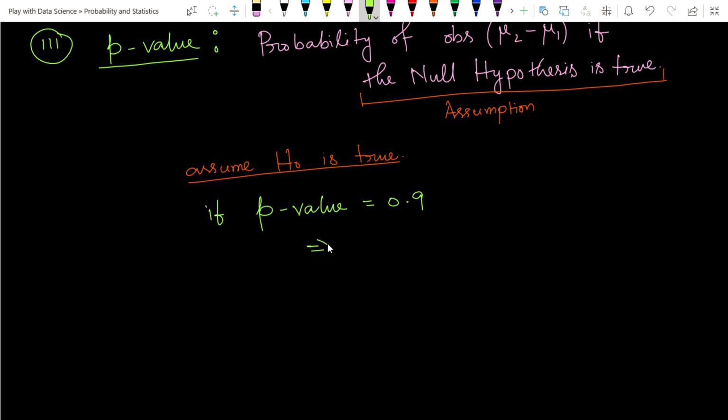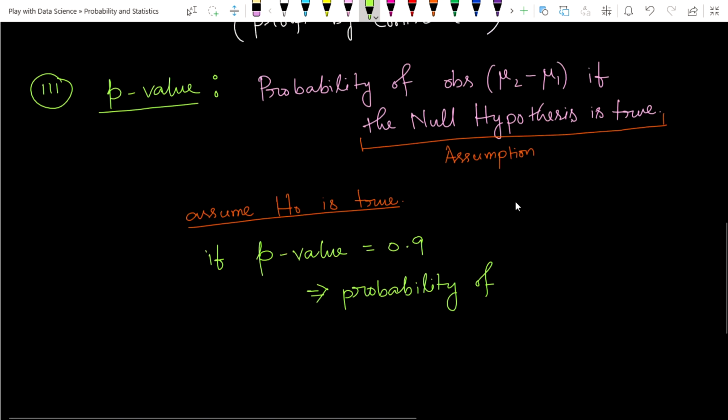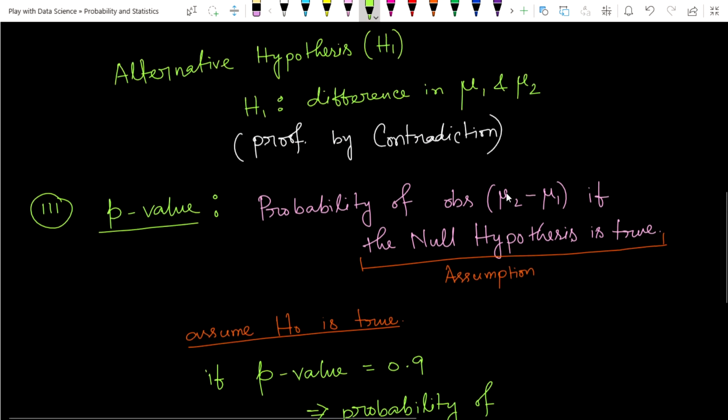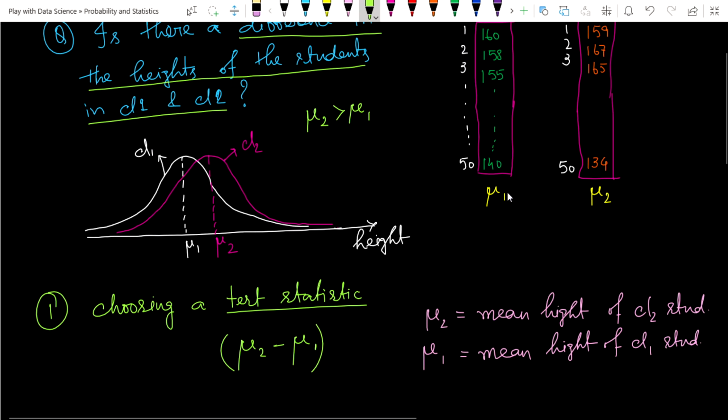Okay, now if this is 0.9, then what can we conclude? This means the probability of, suppose we have the mean values. From these observations we can easily calculate these two values, mu1 and mu2.